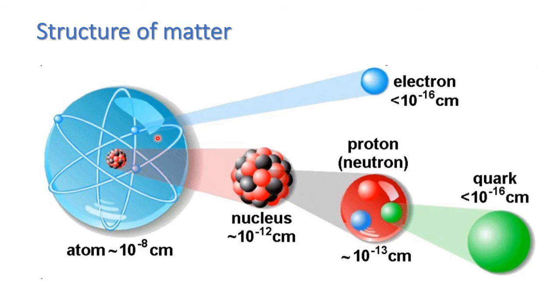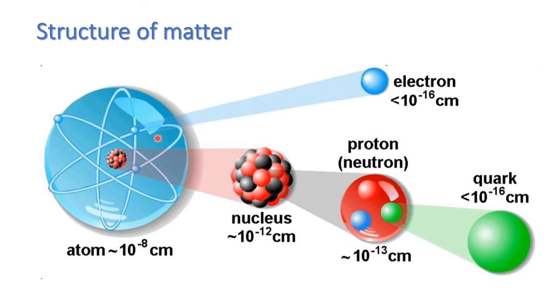When we think of the structure of matter, earlier the smallest unit was found by Dalton, the first scientist to bring the concept of the atom. What he identified as the atom is the smallest unit of particles.